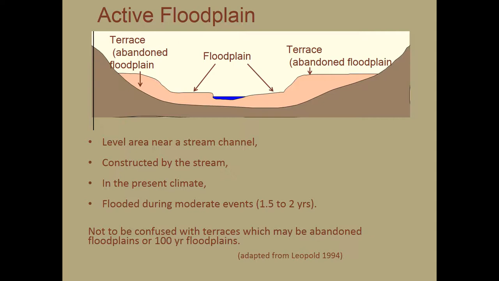It should not be confused with terraces or abandoned floodplains, or with the 100-year floodplain. For purposes of this class, when we say floodplain, we will be referring to the place where flows overtop the bank and reach across an average of 1.5 years. This frequency varies across Texas, but for southwest and western Texas, it is understood to be the flood that returns on average every 1.5 to 2 years.